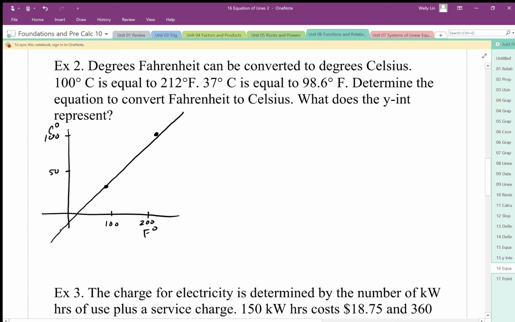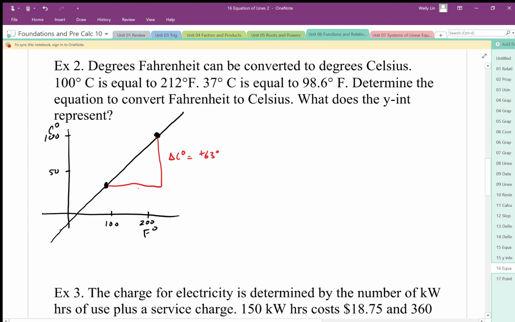So to find the equation of this relationship, we want to first of all find the slope. So I need my slope triangle. In my slope triangle, my change in y is going to be 100 to 37. So the change in degrees Celsius works out to be positive 63 degrees change.